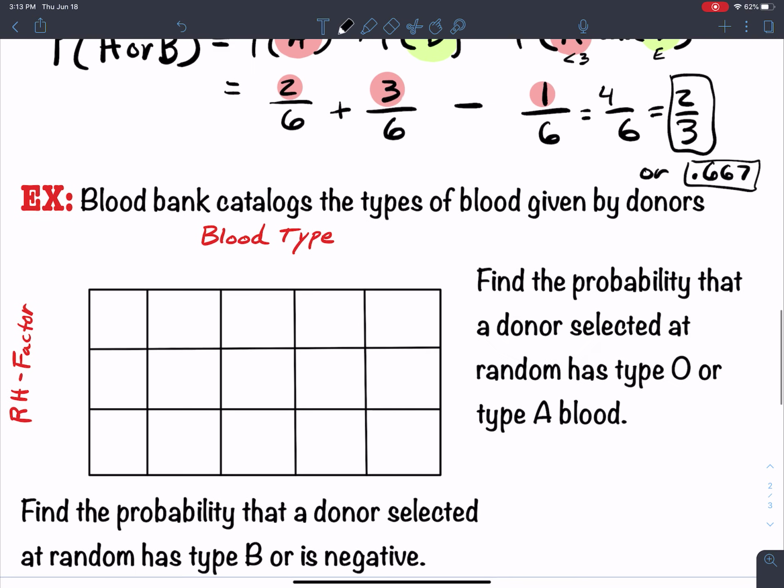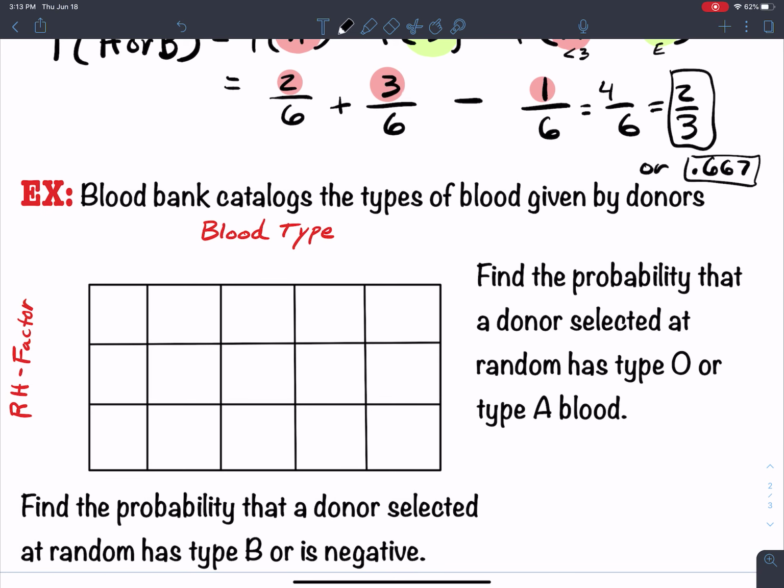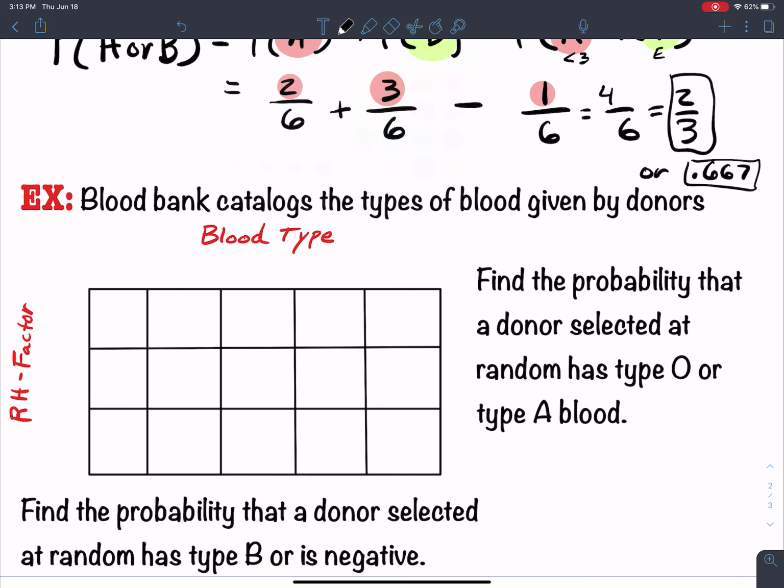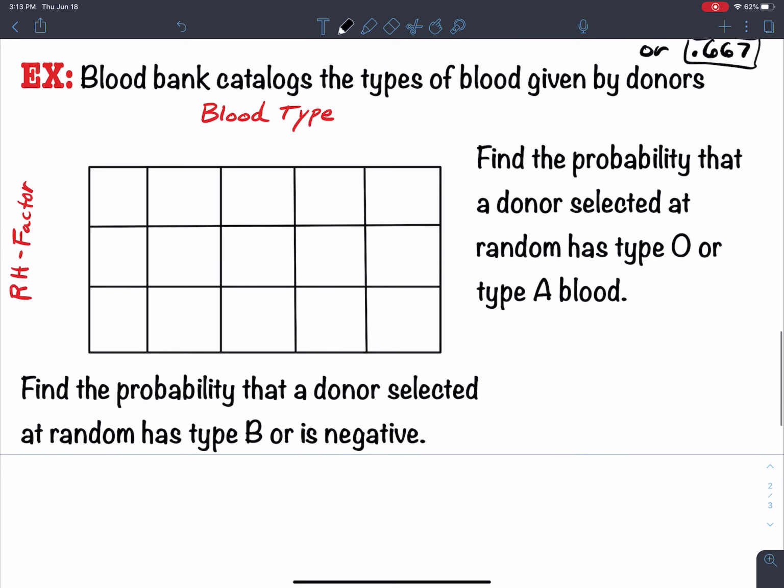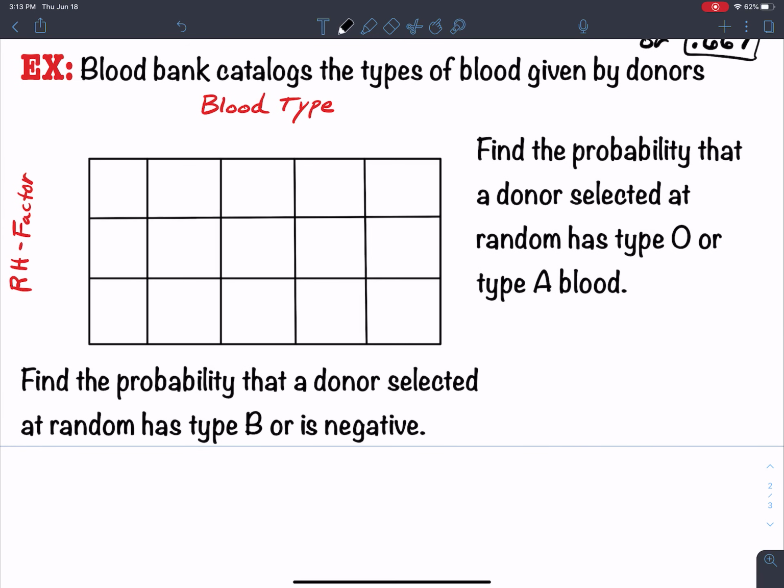This example here is with a table. We've got a blood bank that categorizes blood by given donors. So the blood types, we have O, A, B, AB, and the total. We have positive, we have negative, and then we have the total for our RH factor.